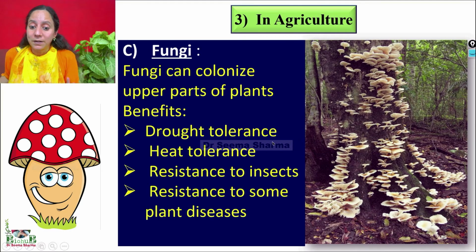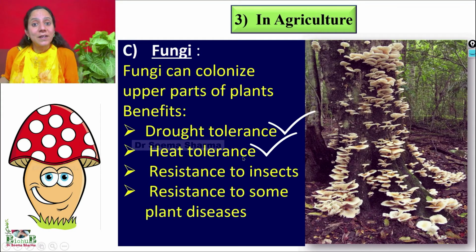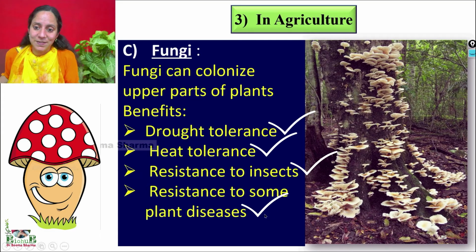And these are drought tolerance, heat tolerance, resistance to insects, resistance to some plant diseases. So this fungi growing on the plants indirectly gives some specific benefits to those plants. So this was in short about utilization of microscopic organisms in agriculture.